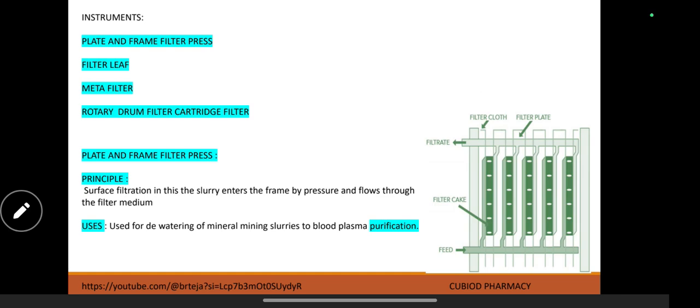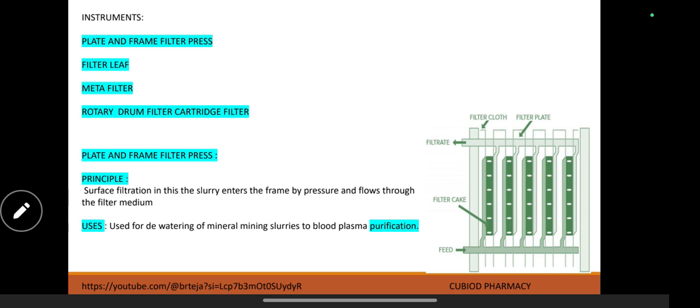Next, which instruments play the main role in the industrial pharmacy sector? What are the uses of these instruments? There are totally five instruments in filtration: plate and frame filter press, filter leaf, meta filter, rotary drum filter, cartridge filter. These are all used for filtration in the pharma industry sector.